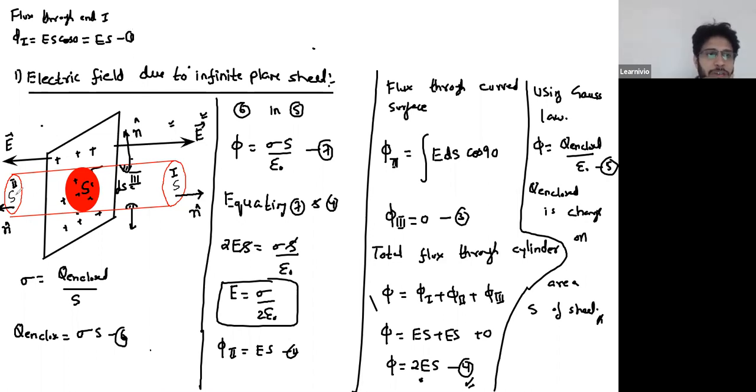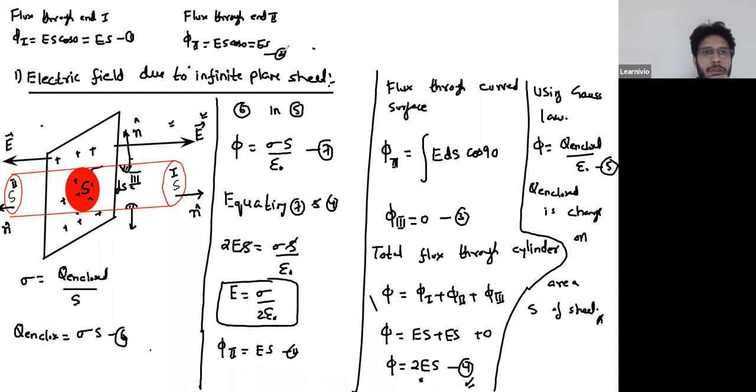The next, we calculated the flux through surface 2. For N2, the flux is ES cos 0. The direction of N2 is again away from the area, perpendicular to the area. It's along the field again. They are parallel. So this is again ES.